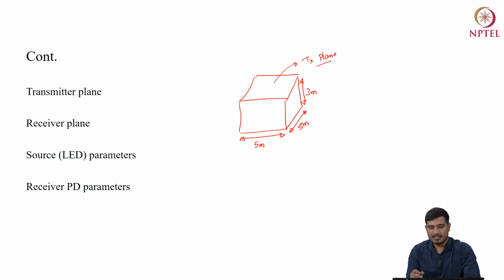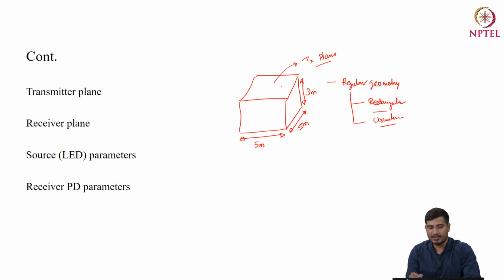Now in this transmitter plane, in order to deploy the LEDs, you can use different configurations. There are geometries available, like regular geometry. You must have heard of regular geometry. It may be in a rectangular configuration or in a circular configuration, and you decide the number of LEDs that you want to deploy here.